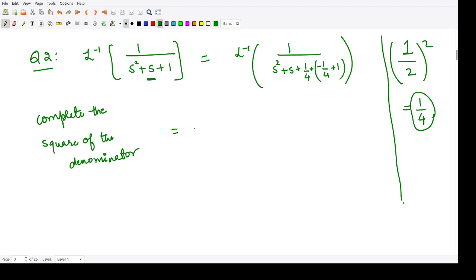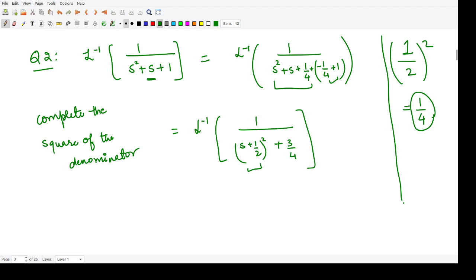So this is Laplace inverse of 1 divided by, now what is this quantity? This is the square of s plus 1 by 2. And then we have, what is this quantity? This is nothing but 3 by 4. So positive 3 by 4. So now according to this term, when you take the Laplace inverse, it would be, according to the shifting property, e to the power minus 1 by 2t.